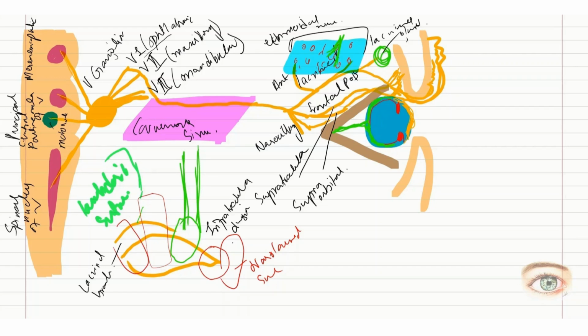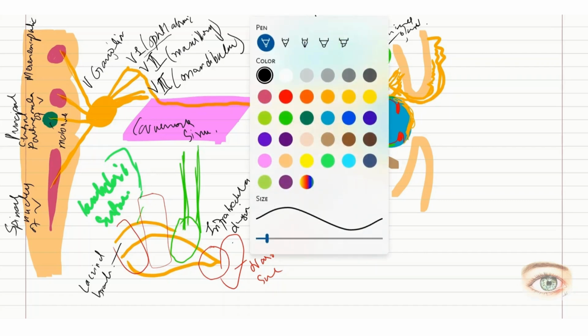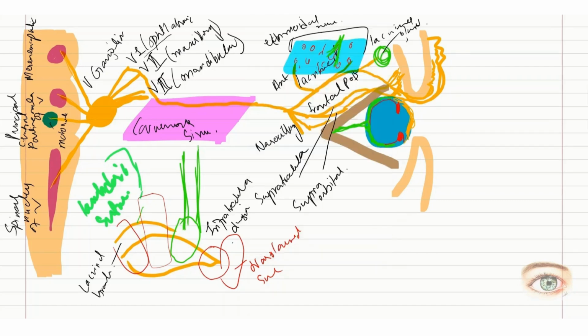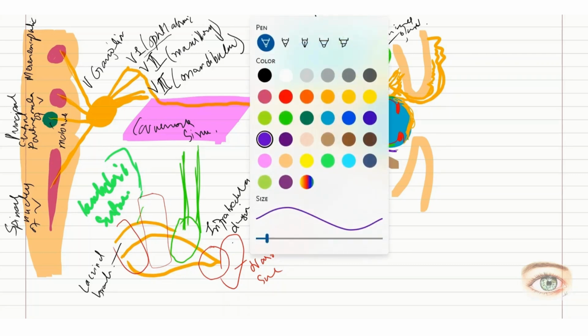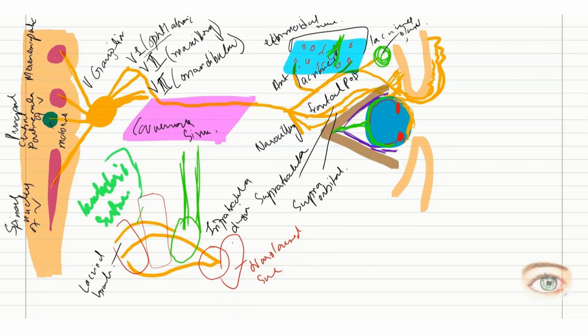So we have, let me grab another color. Let's say purple. Now, let's say we have sympathetic fibers going right over here and over here. And also we have only sympathetic fibers right over here, right?